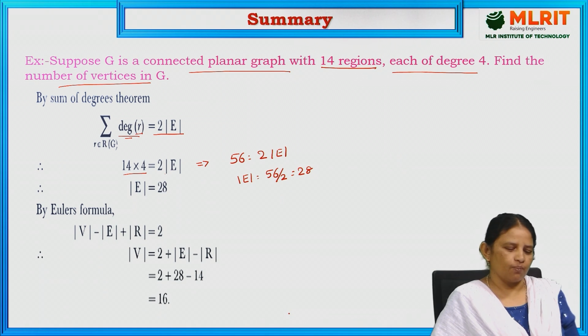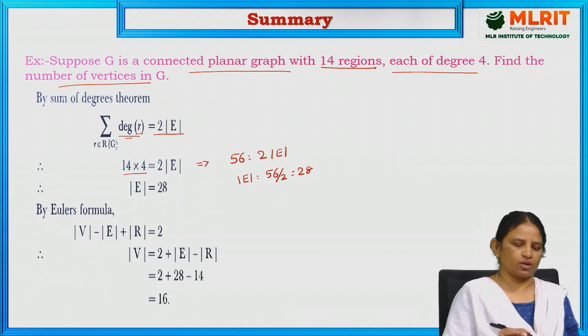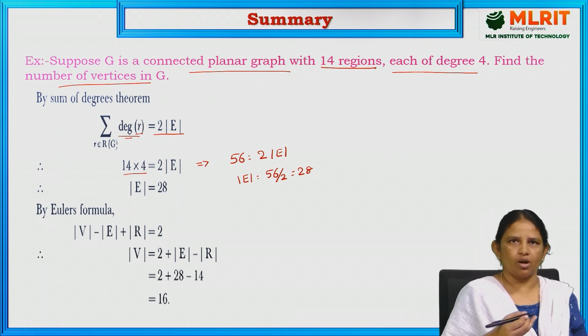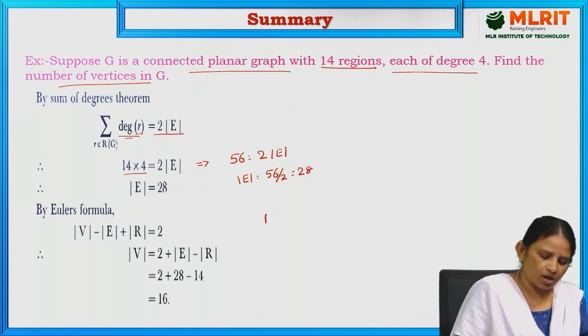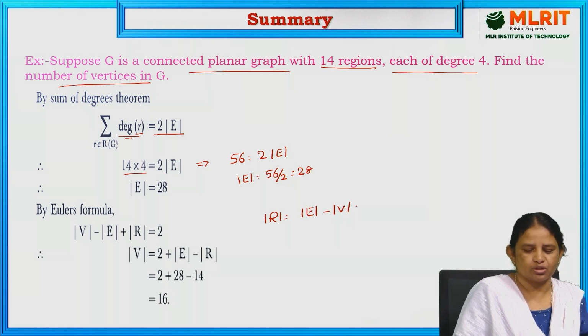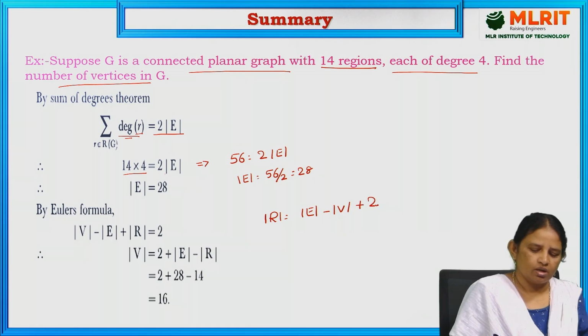Once we know the number of edges, we substitute in Euler's formula to find the number of vertices. So what is Euler's formula? |R| equals |E| minus |V| plus 2. |R| is already given, that is 14. |E| equals 28.